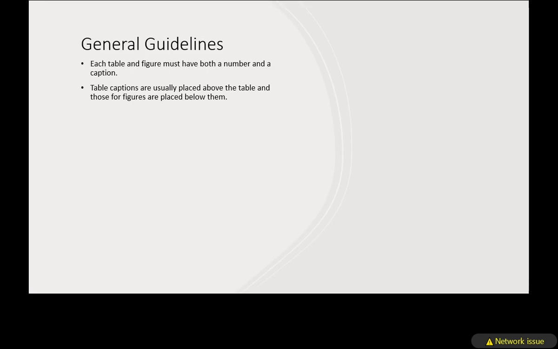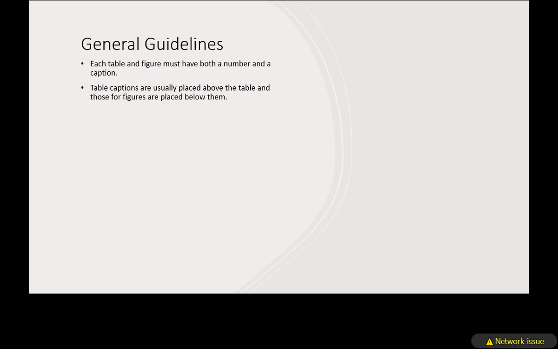Each table and figure must have a number and a caption. So the number is figure 1, table 1, figure 2, table 2, something like this. And the caption is the title of the figure or the table. The title should be self-explanatory.